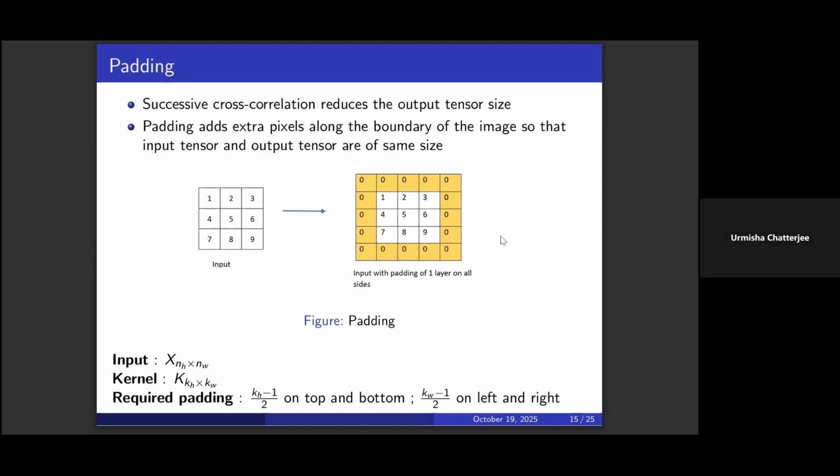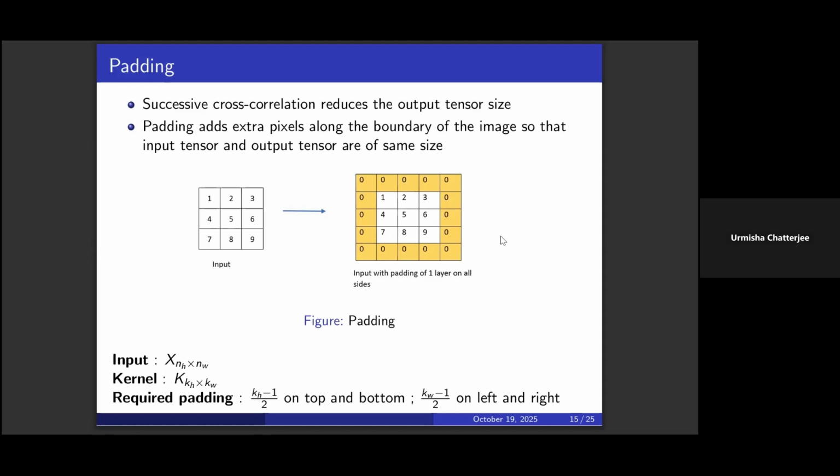So the idea is that mostly we never want the output size to exceed the input size. The main purpose of padding is to maintain the same input size. So if the input is say nh by nw size and you're using a kernel of kh by kw, then padding should be (kh minus 1) by 2.